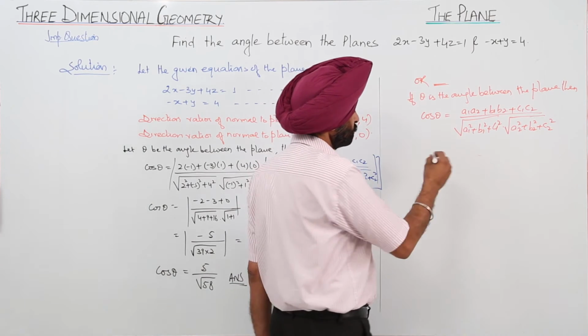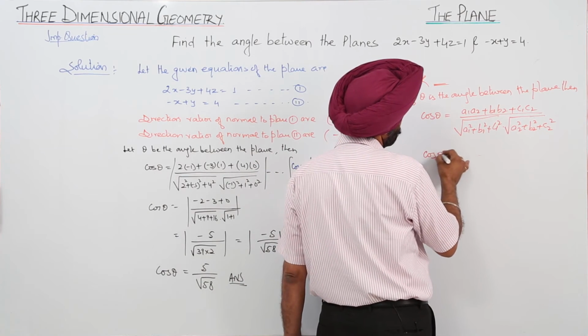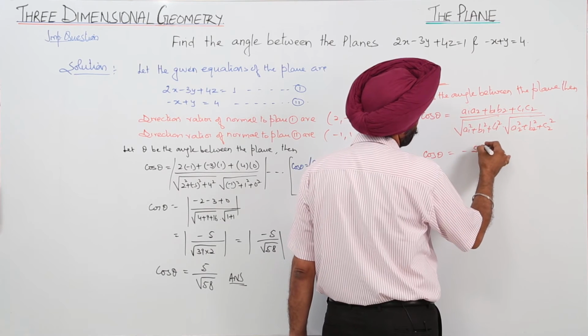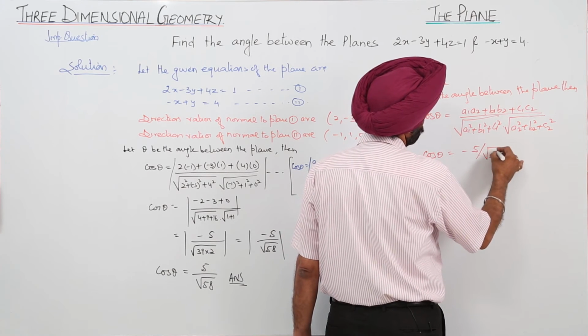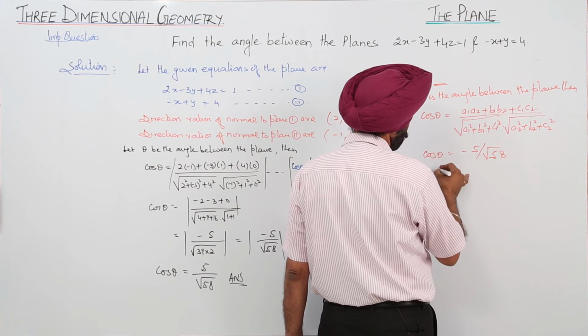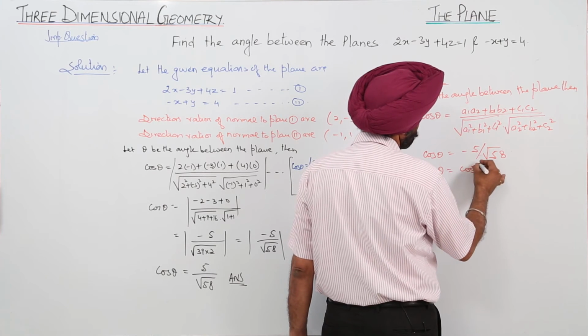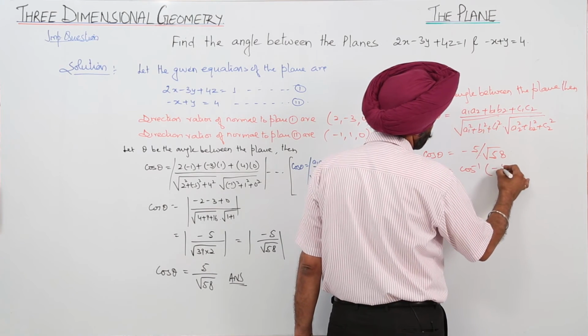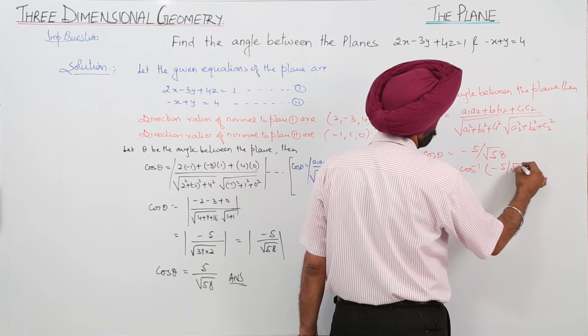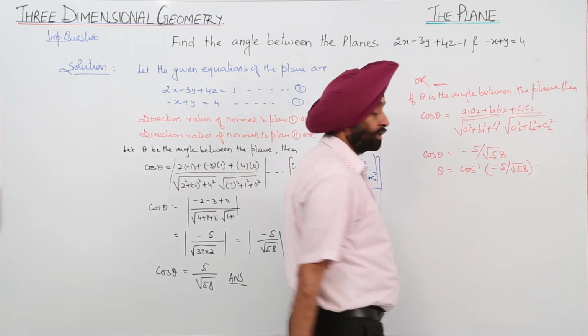So what we got is cos theta is equal to minus 5 upon square root of 58, or theta is equal to cos inverse of minus 5 upon square root of 58.